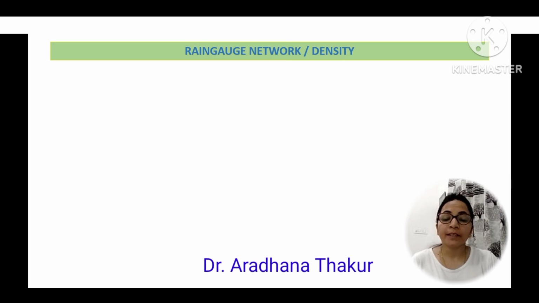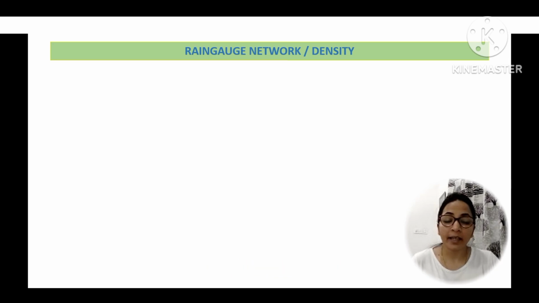We also discussed that rain gauge data is more reliable than the satellite and the radar data. The radar and satellite data have some uncertainties. So generally in hydrological studies, rain gauge data is preferred.